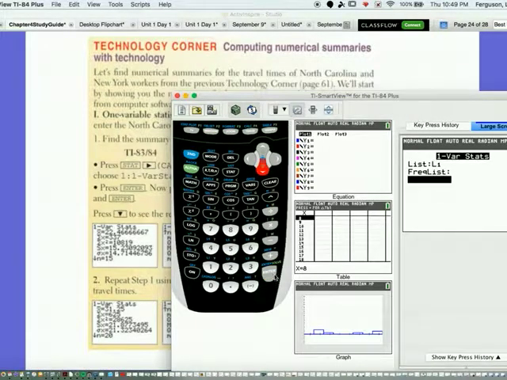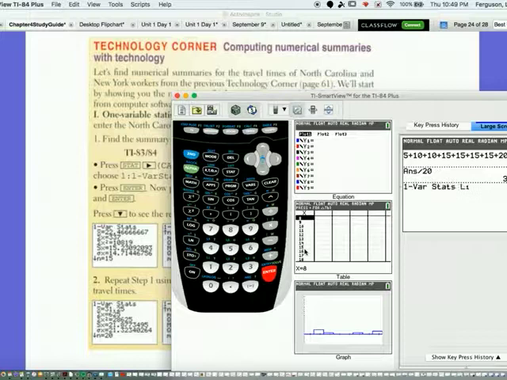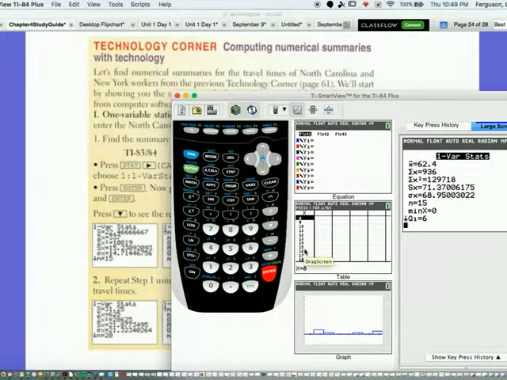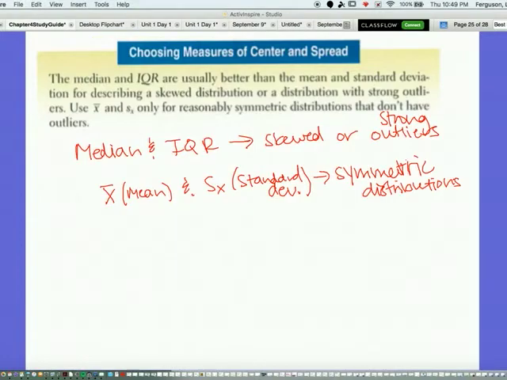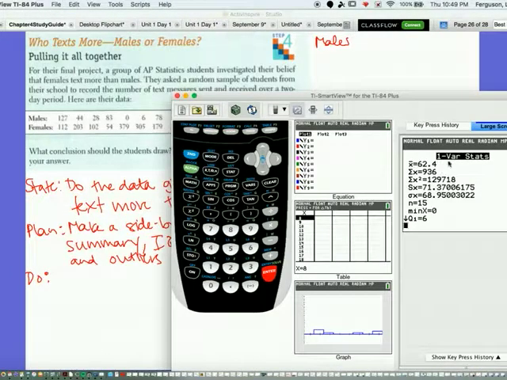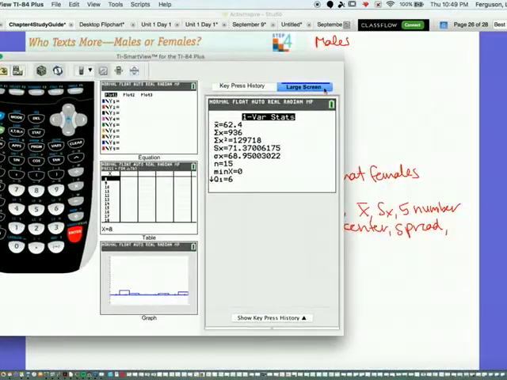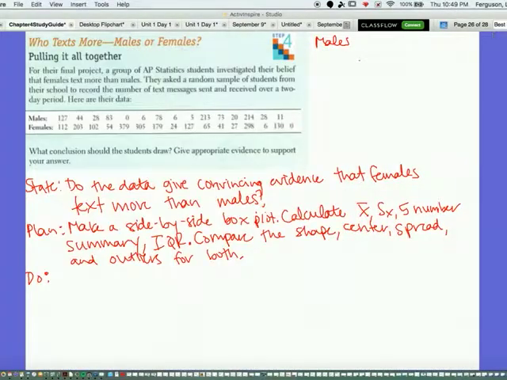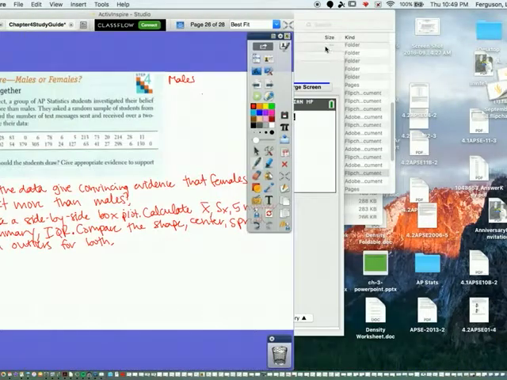Frequency list, you don't have to worry about. Hit enter on calculate. What we calculated was males, and the reason I say that is because we used L1.